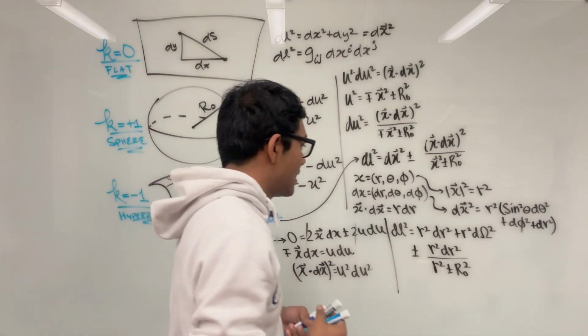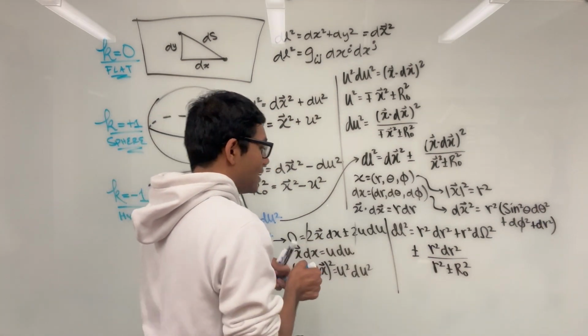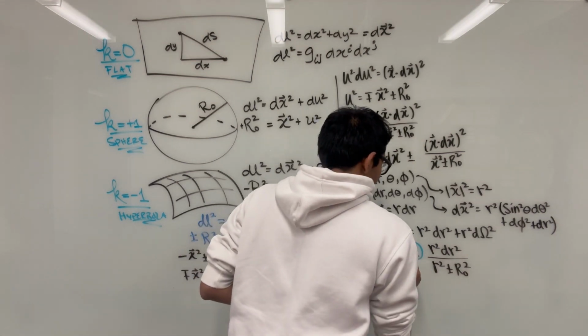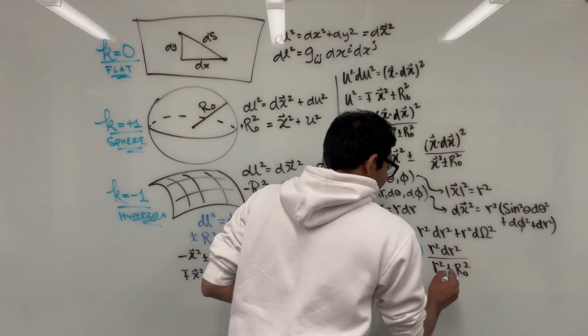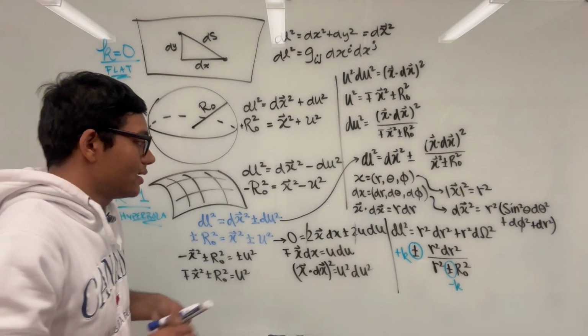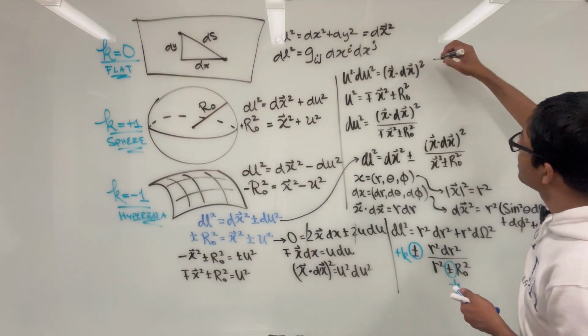Okay, good. Now, if I look over here, where can I introduce k? I can introduce k in two places. First of all, this plus minus can simply be replaced with a plus k, and this plus minus can be replaced with a minus k. So now I'm going to come over here.